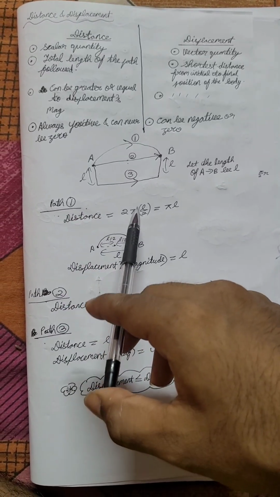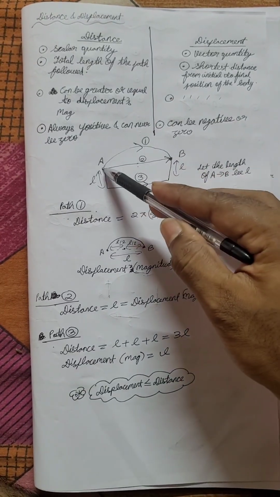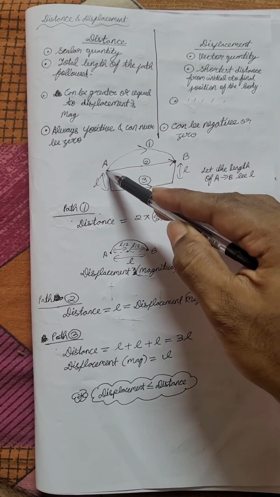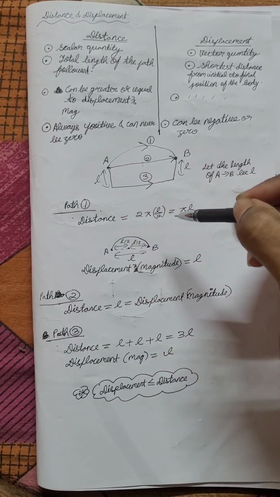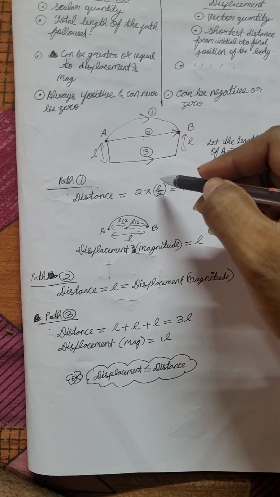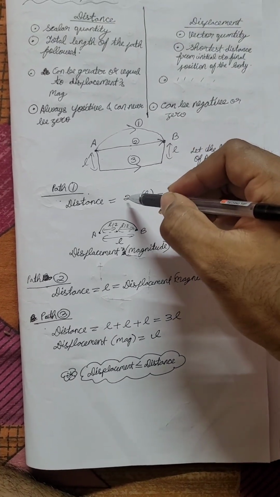The distance is pi L by 2, because we are moving in this semicircular path. The total circle has perimeter 2 pi r.